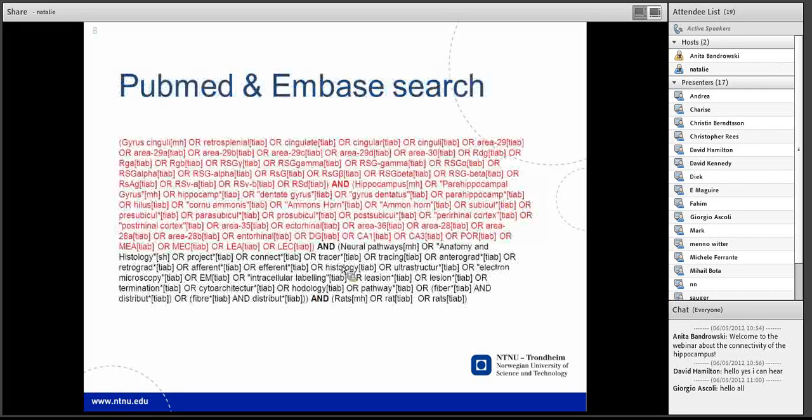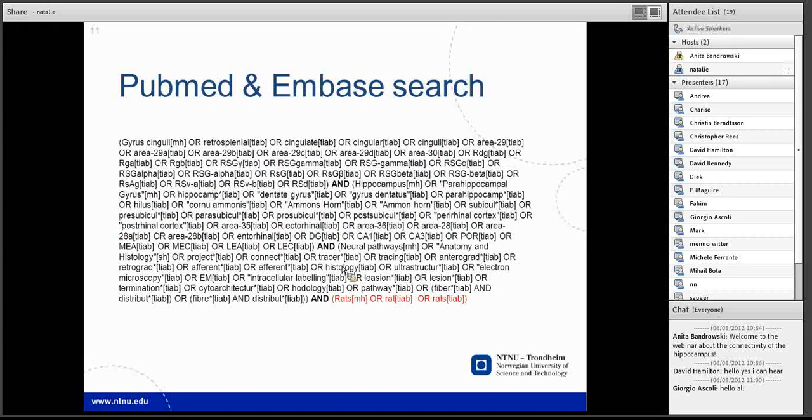Instead, thanks to Ingrid Riphagen, we used an elaborate PubMed and Embase search. This search term for anatomical regions is significantly larger, as well as the search term for brain connectivity. Finally, a search term for the animal of our current interest, the rat, is added.